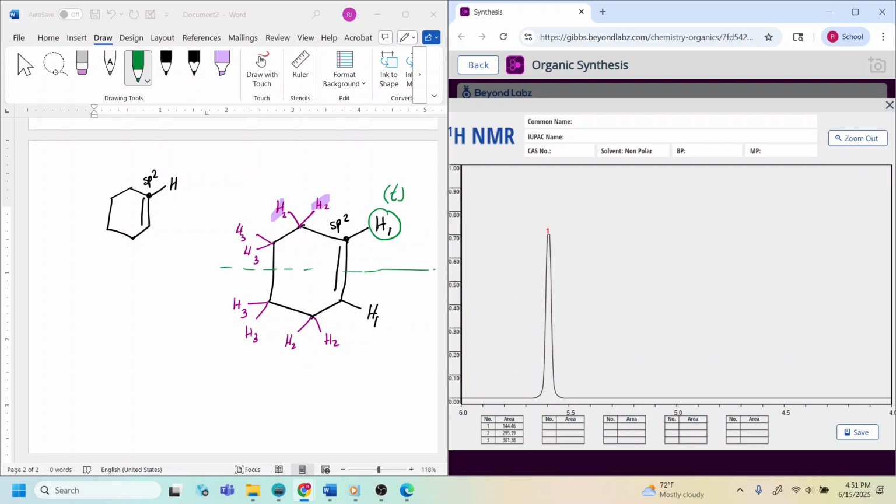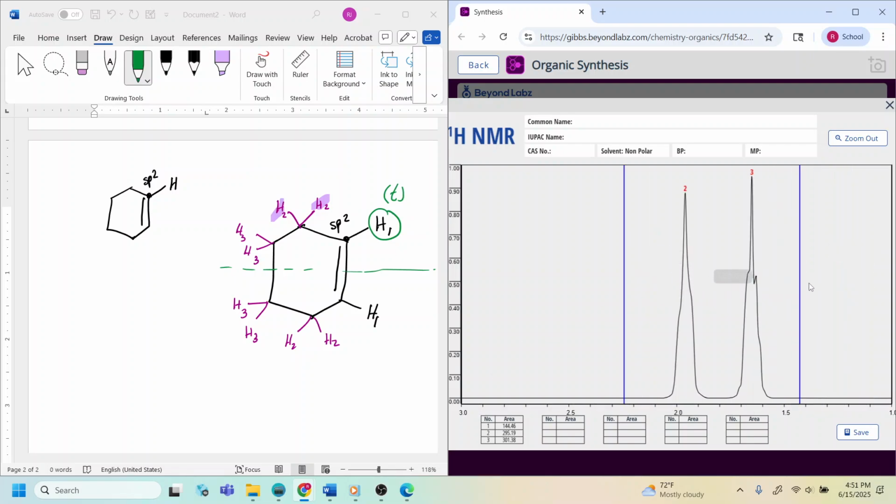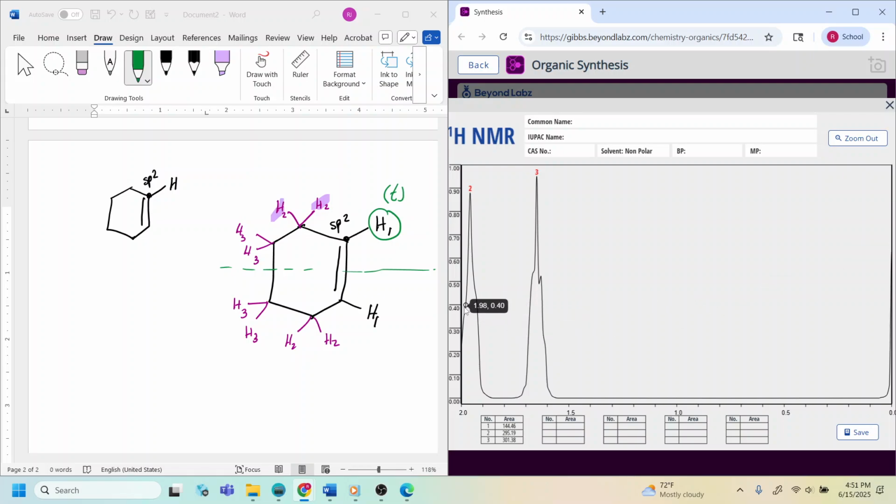Same thing for hydrogen 2. So if I go ahead and do the splitting pattern for hydrogen 2, you can see that hydrogen 2 should be made up of more than 1 peak in there. So hydrogen 2 is going to be split by actually more than 3 peaks.